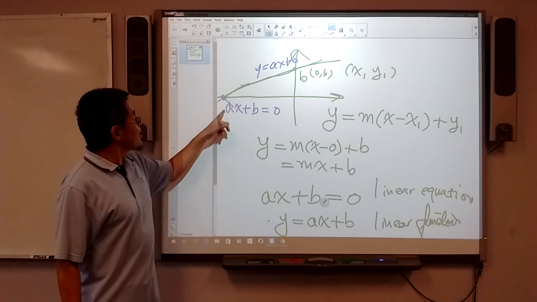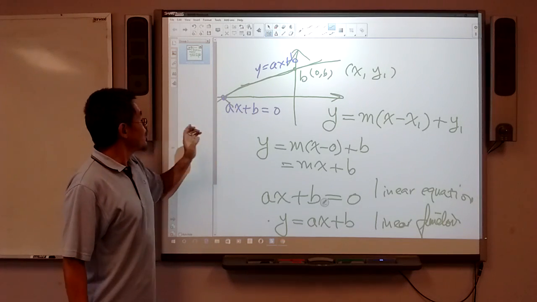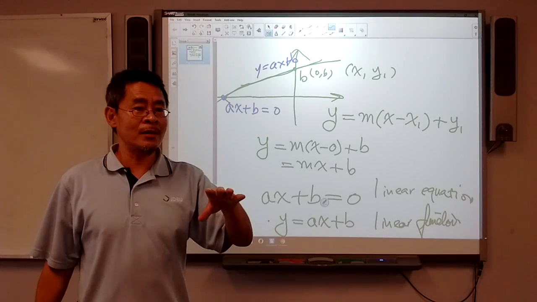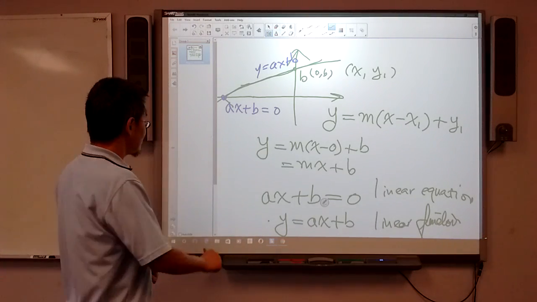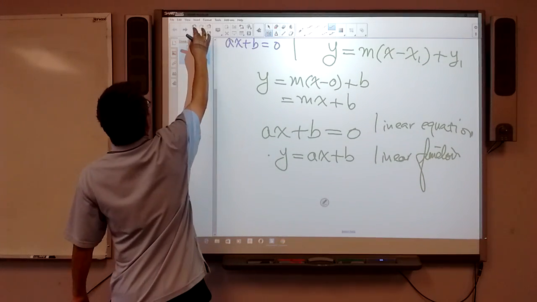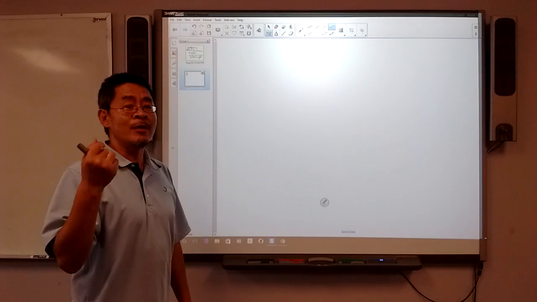So once we understand the relation between linear equation and linear function, then we can understand what is meant by linear inequality. Right? A linear inequality is what? It's not equal. It's less than or equal, or greater than, right?